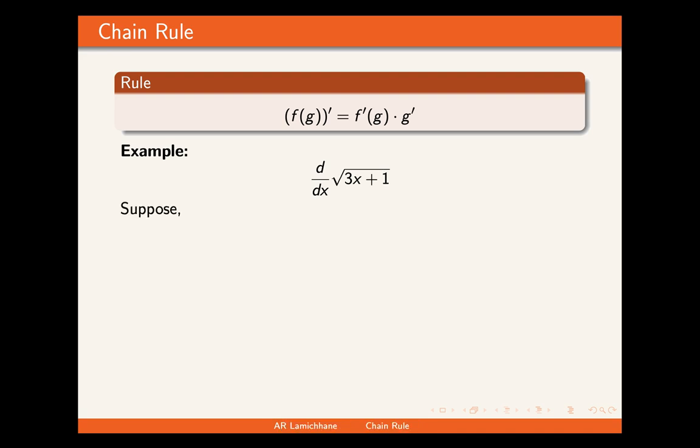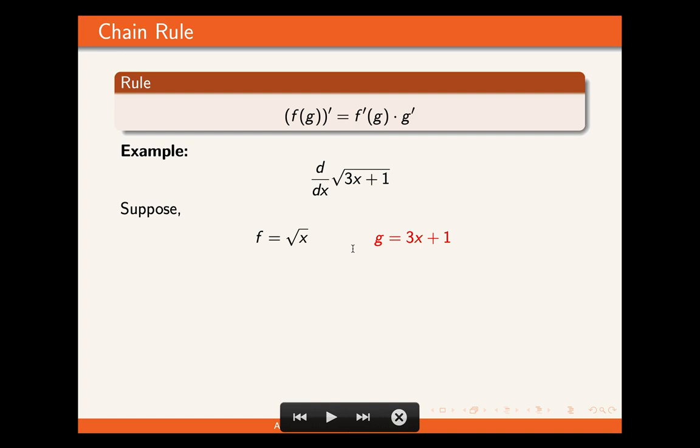You can see here, if I assume f is the square root of x and g is 3x plus 1, then when we compose f with g, I need to evaluate function f on g, which means replacing x by 3x plus 1, so we immediately get the square root of 3x plus 1. So it makes sense that the square root of 3x plus 1 is the composite of the square root of x and 3x plus 1. So we also have what is f and what is g for this formula.